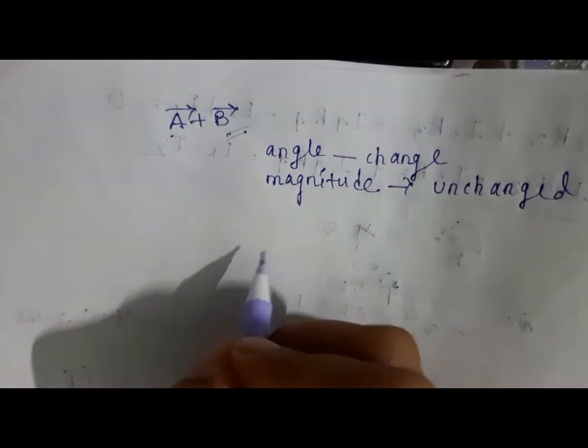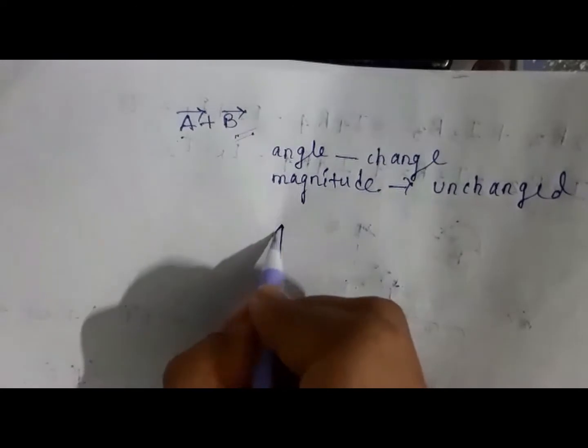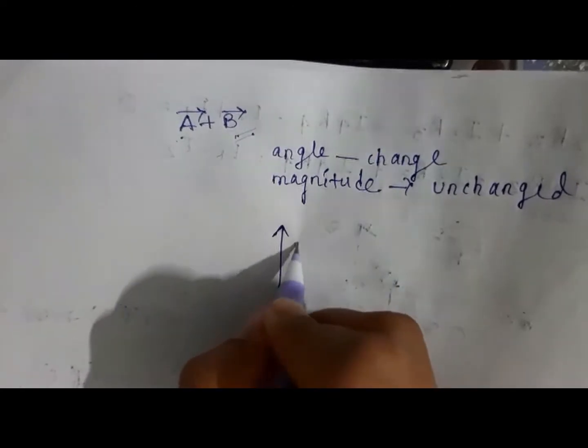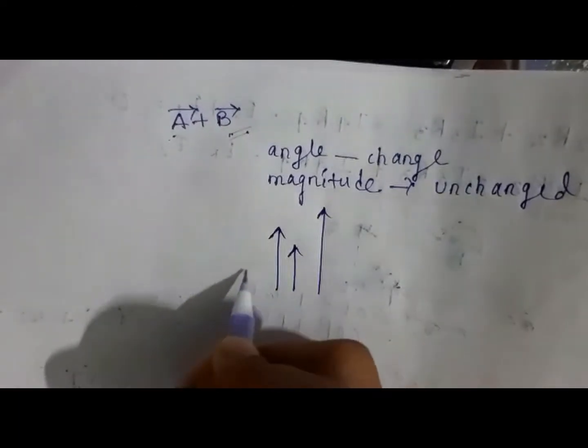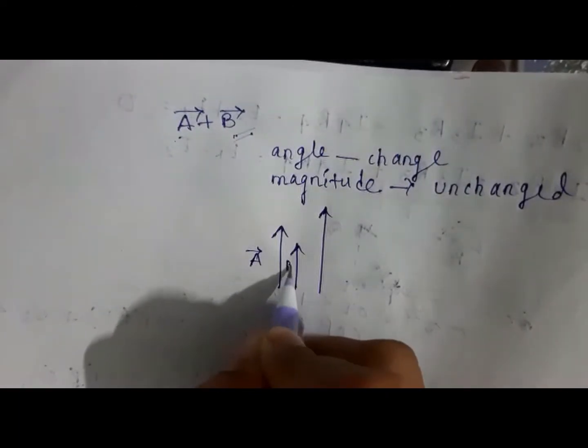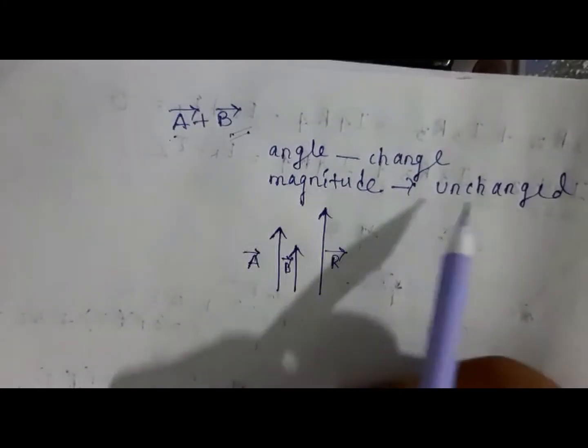Now when I do that, it can be done in a different way. Suppose it's your A, it's your B, and it's your R. Okay, A, B, and R. Similarly, you will keep the magnitude unchanged.